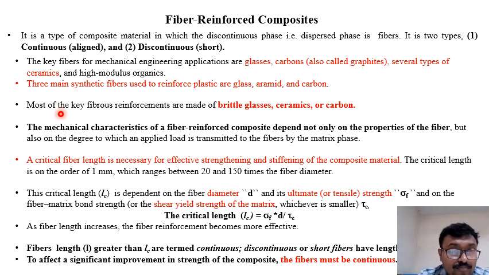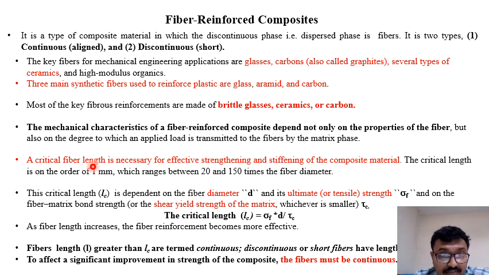Most of the key fibrous reinforcements are made of brittle glass, ceramic, or carbon. The mechanical characteristics of a fiber reinforced composite depend not only on the properties of the fiber but also on the degree to which an applied load is transmitted to the fiber by the matrix phase.